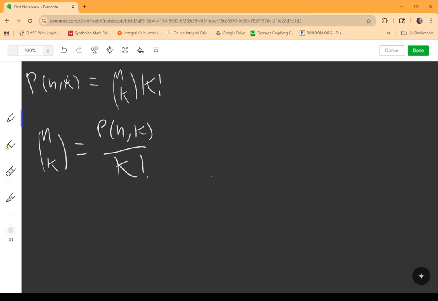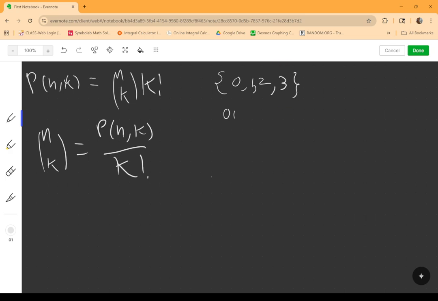So for example, let's say the set consisted of the digits 0, 1, 2, 3, and we wanted to think of all of the different permutations.